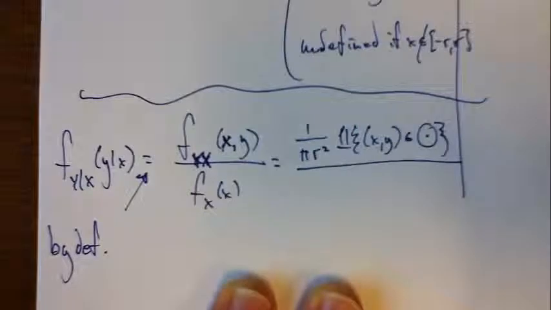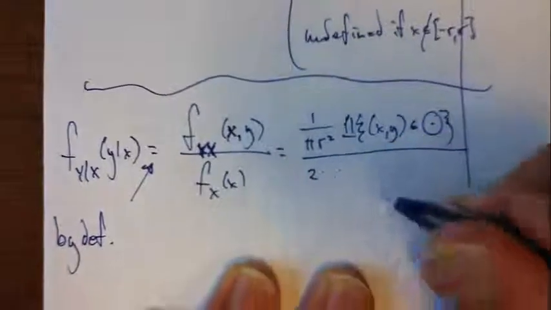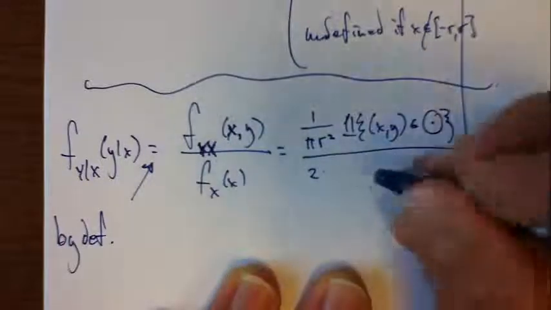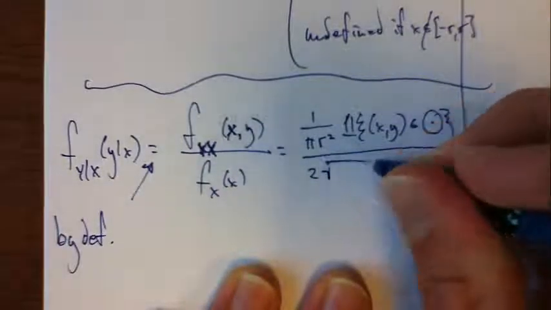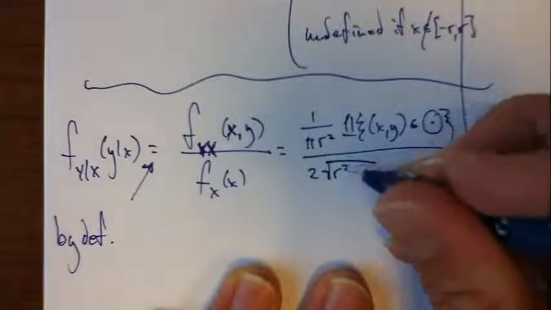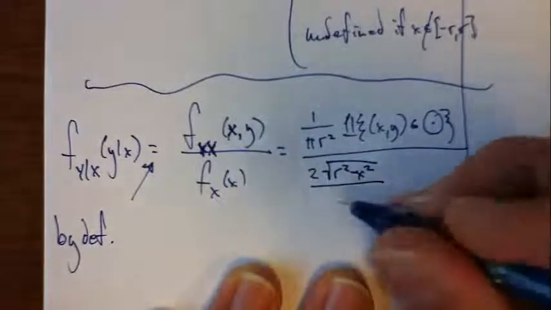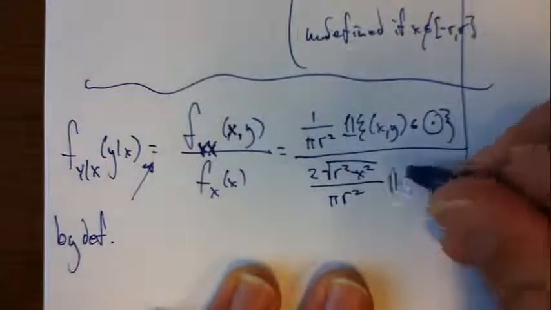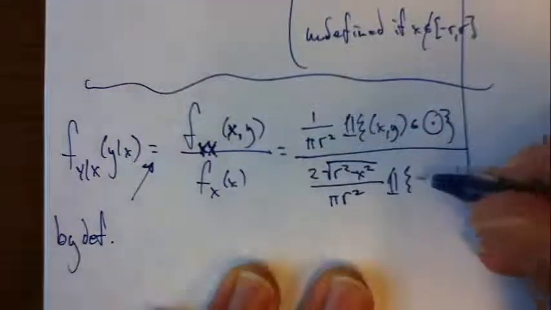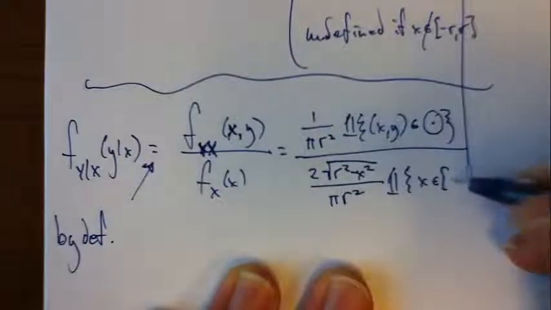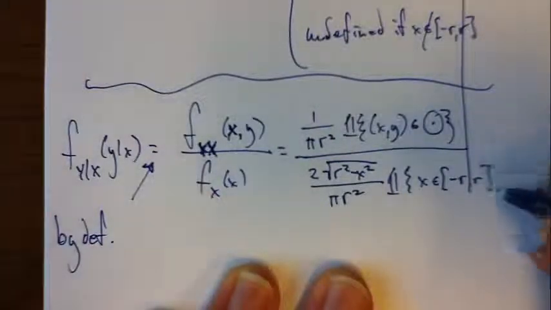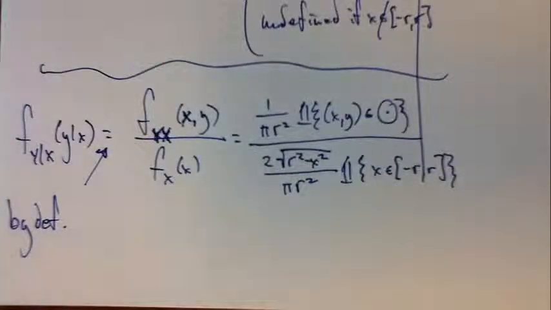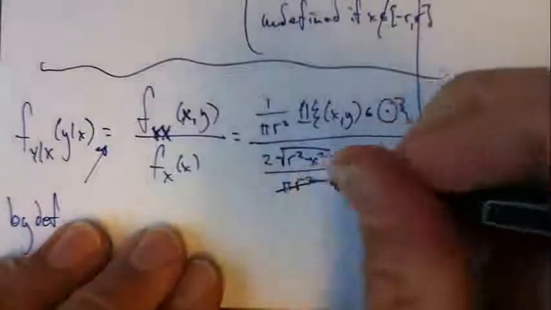And then divided by, remember we got the marginal PDF for x to be 2 times root r squared minus x squared all over pi r squared, times the indicator function that x is between negative r and r in that closed interval there. Okay. Now you can probably see that these are going to cancel.